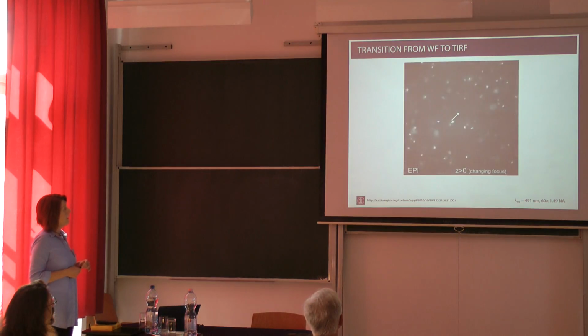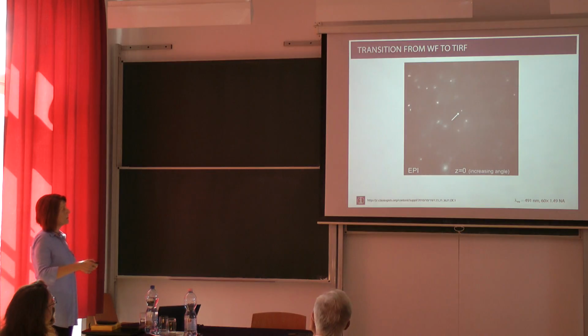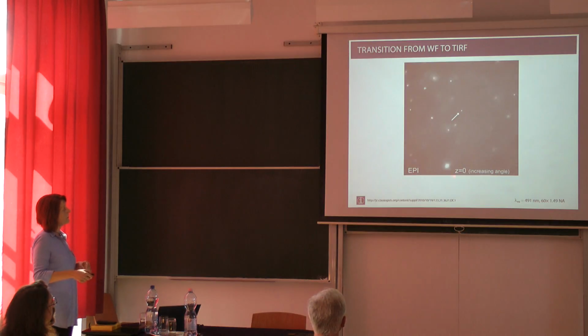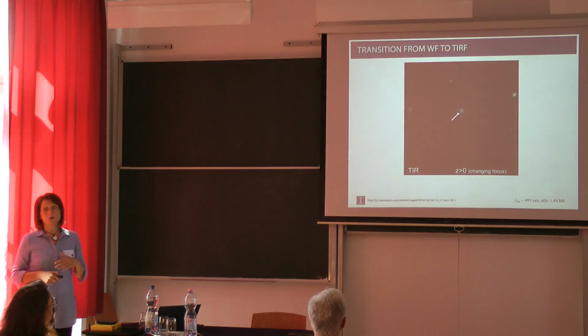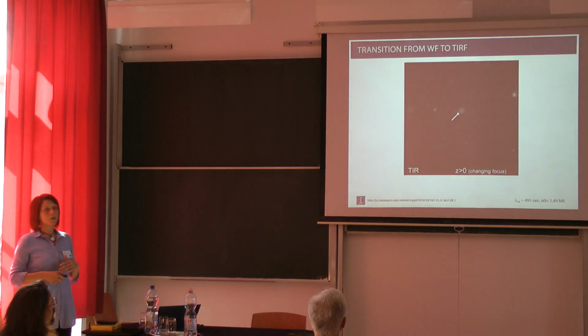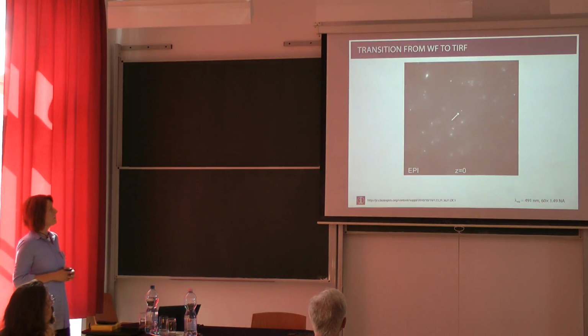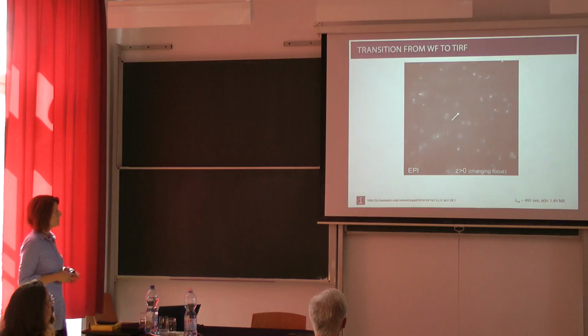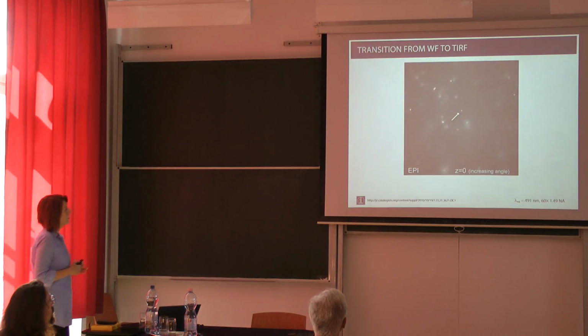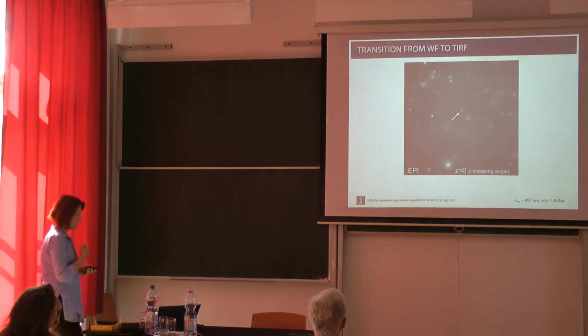This is wide field illumination, and if you start to increase the angle of incidence, suddenly you will change to TIRF illumination. If you have a properly aligned system, you will see this sudden transition from a high background to a low background regime.